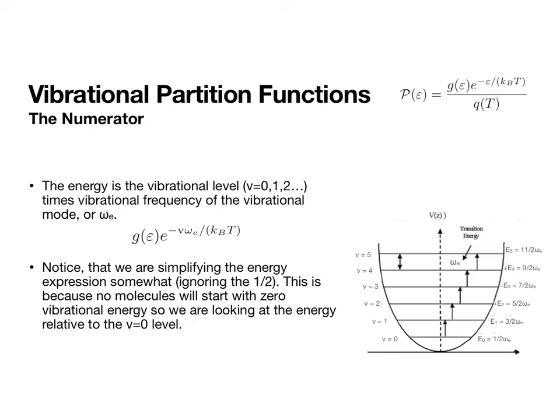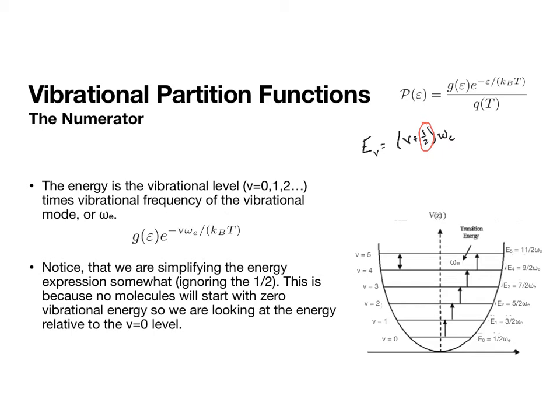So now, to figure out the energy of the vibrational level, we remember that we said that E of v is v plus 1/2 times omega e. Well, this half is going to make our lives complicated.